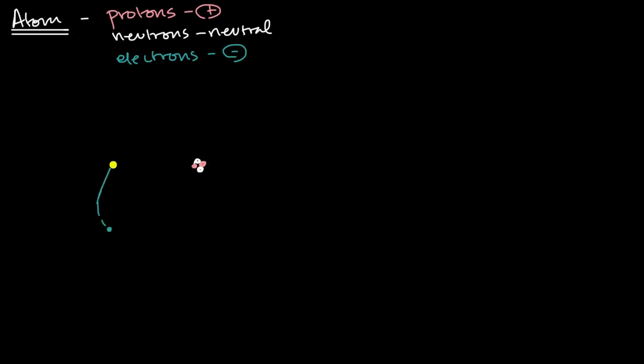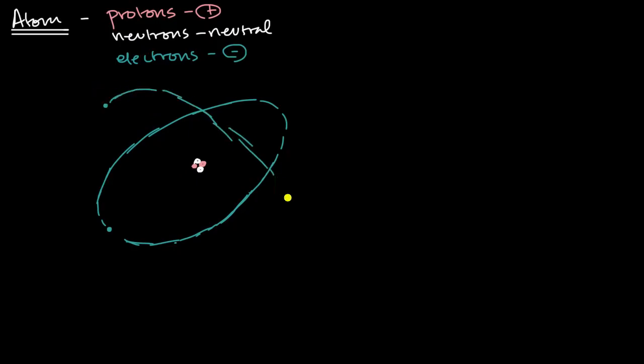So maybe one electron has an orbit that looks something like that. And then another electron, if you're talking about a neutral helium atom, would have 2 electrons and 2 protons. Well, maybe the other one orbits something like this. I'm just trying to draw an elliptical or circular looking orbit. And so this is the idea that the electrons are in orbits.